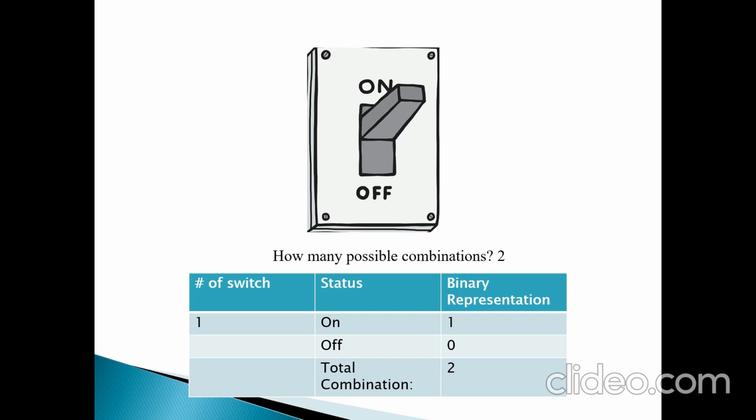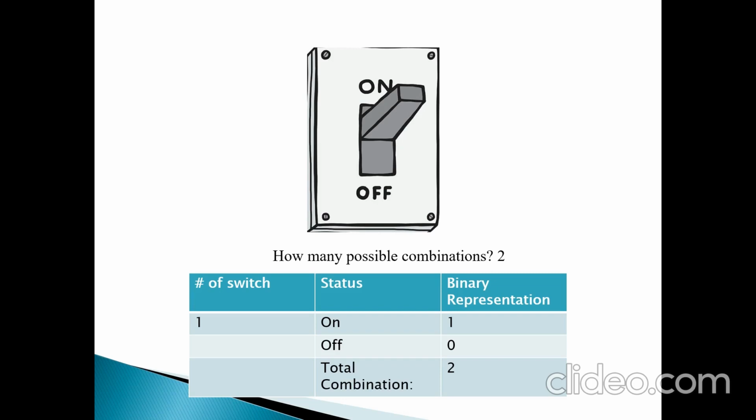So it has two possible combinations. Why? This is how we come up with the possible combinations of two with the use of one switch. Number of switches, we have one. Status, we have on and off. As I discussed a while ago, when the switch is turned on, the binary equivalent will be 1.